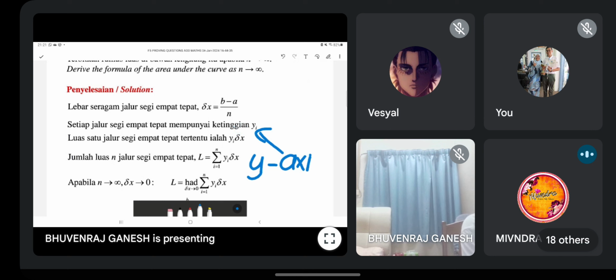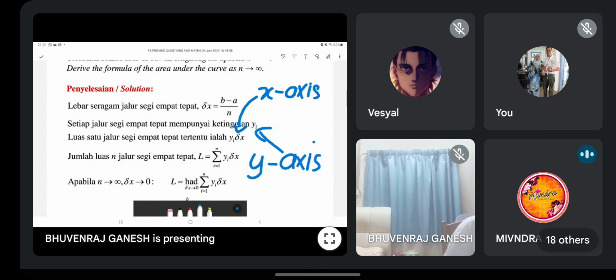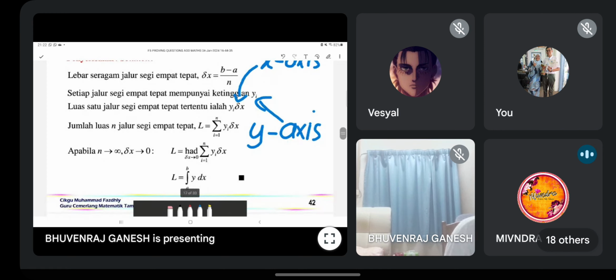Lepas tu sekarang kita nak sum up total n bilangan rectangle segi empat tepat tu. So kita gunalah sigma n yang kat bawah tu I sama dengan 1, yi darab dengan delta x untuk sum up untuk semualah jumlahkan, totalkan. Lepas tu kita guna had delta x approaches to 0.